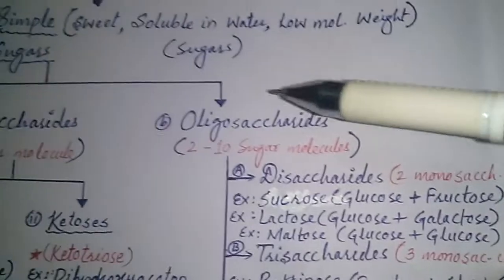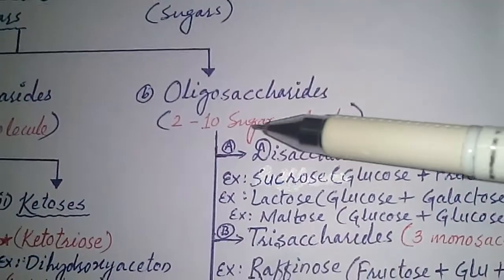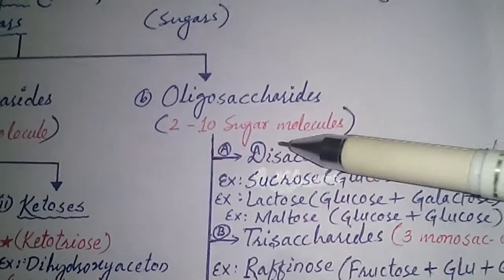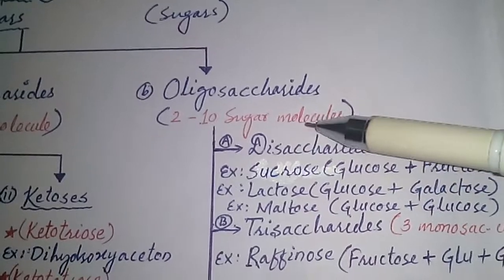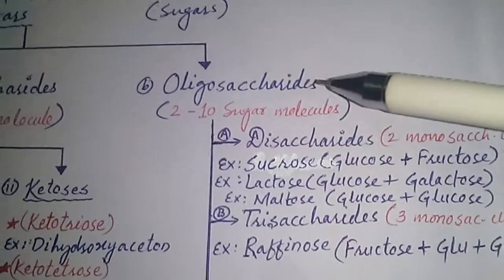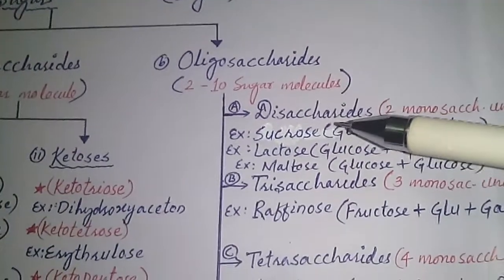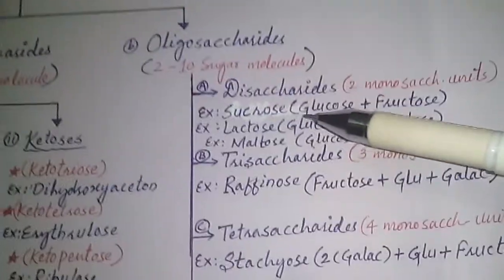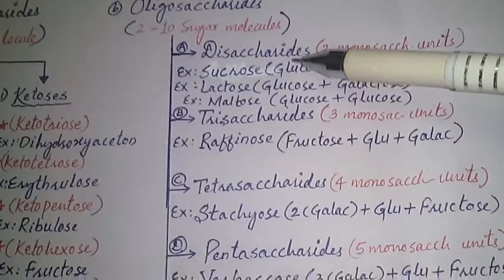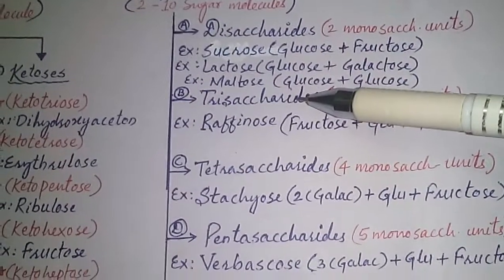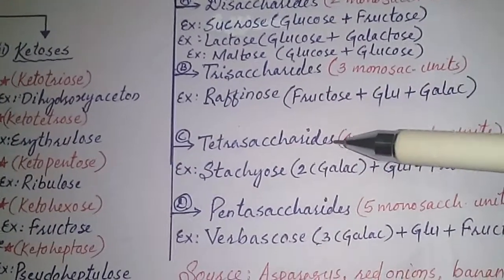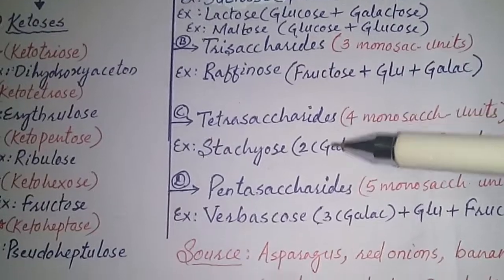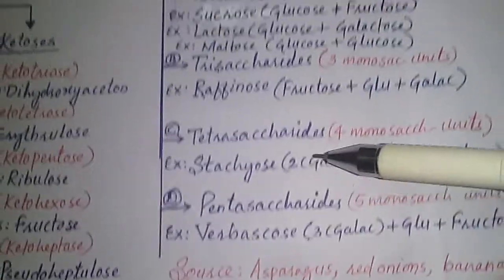The type which consists of 2 to 10 sugar molecules is called oligosaccharides. On the basis of the number of monosaccharide units, oligosaccharides are further classified into disaccharides, trisaccharides, tetrasaccharides, pentasaccharides, etc.